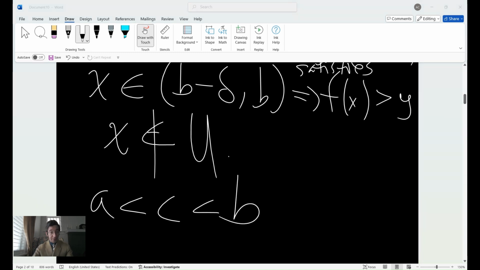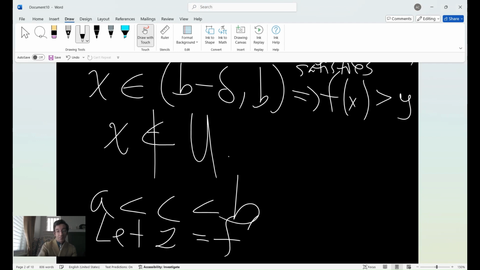if we have this, then we can let Z equal f of C. And our aim here is to demonstrate, to show that Z equals Y. So we can proceed by contradiction. We can wield logic as a saber.